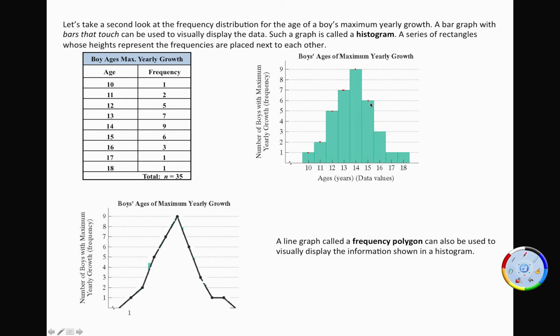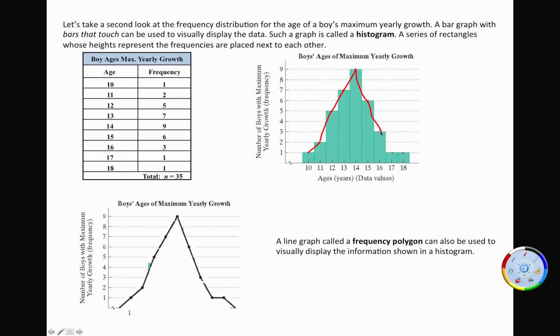Instead of drawing the bars, everything is set up the same way. This is your frequency, here's your data, and you put a dot at the heights, the same distance apart, and connect them with straight lines.